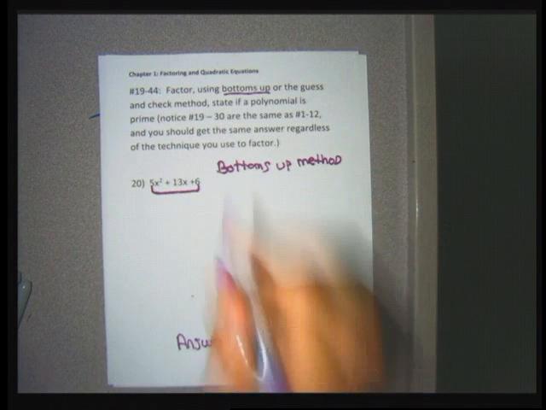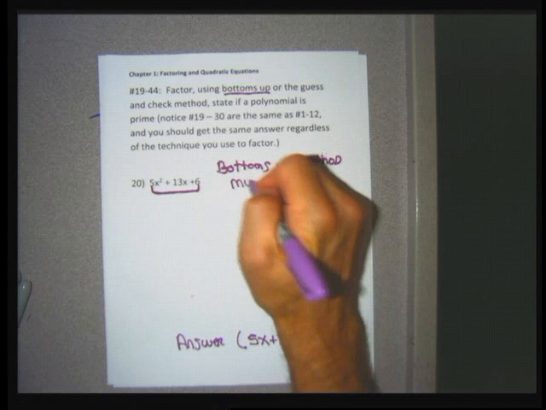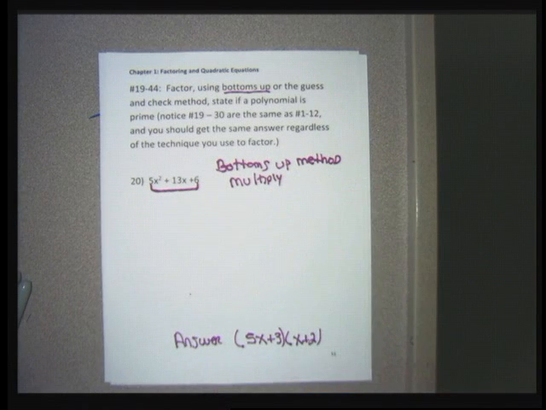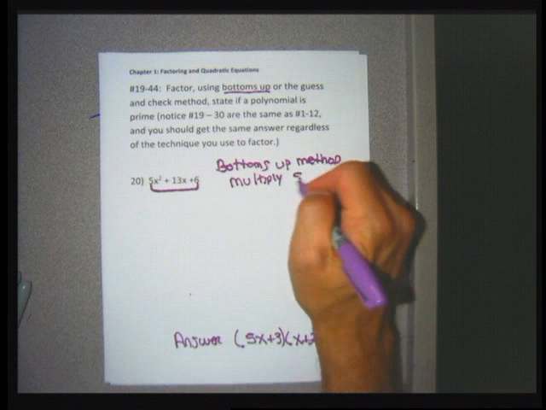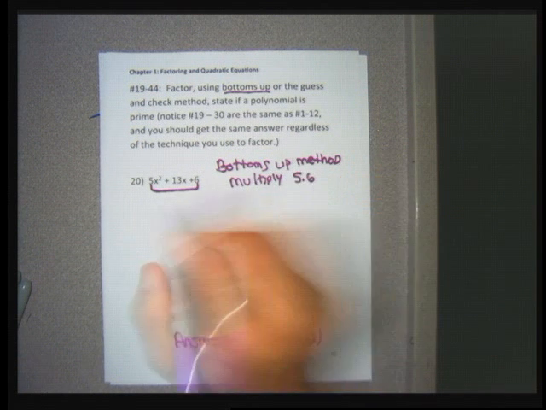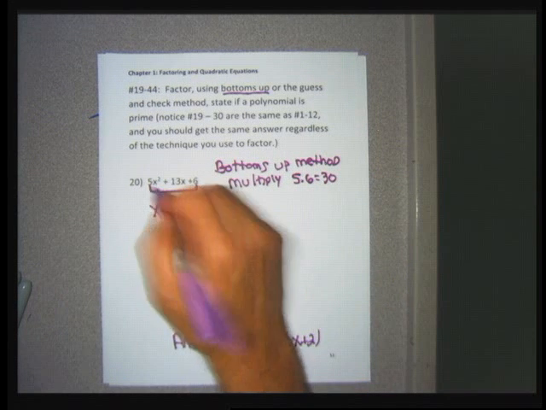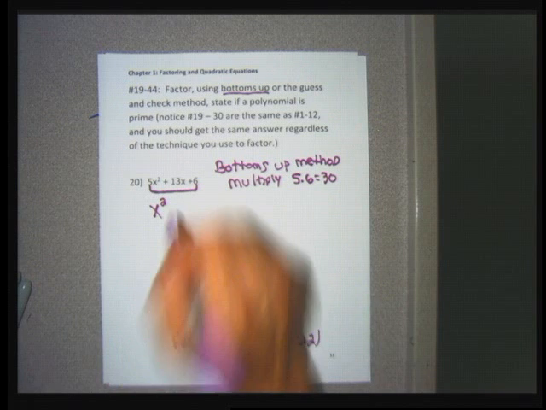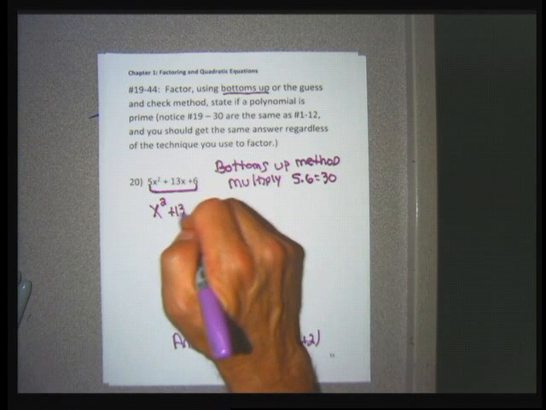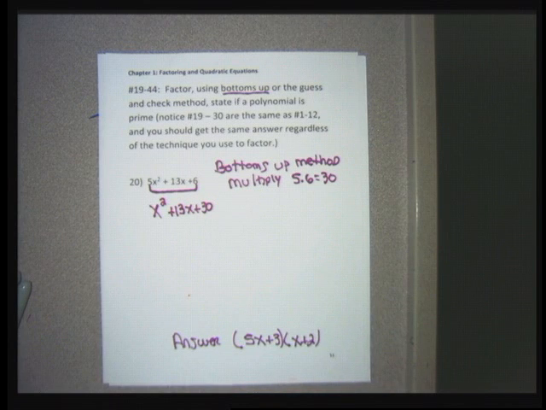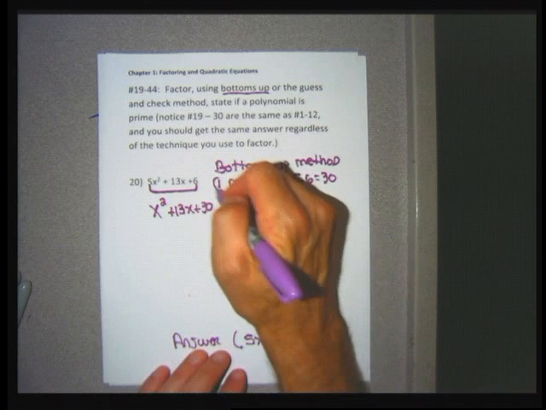The first step in bottoms-up is to multiply, and in this case, I'm multiplying the 5 by the 6. To get my 30, I'm going to rewrite the problem by stealing the 5 away from the first term and writing that product into the last term. First step was multiply. Done with my first step.